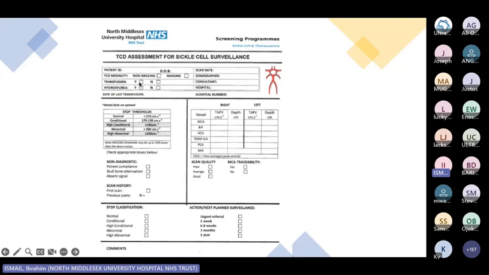If they're on blood transfusion, ideally you would not scan them immediately after a course of transfusion. I wouldn't scan a patient less than 1 week after a blood transfusion, because it really defeats the purpose. You would like to understand the state of sickling in that blood.